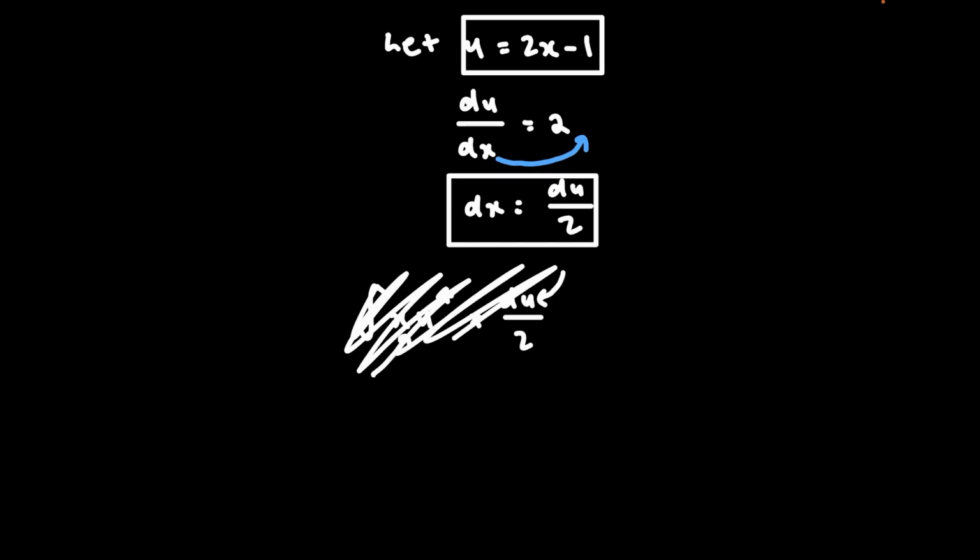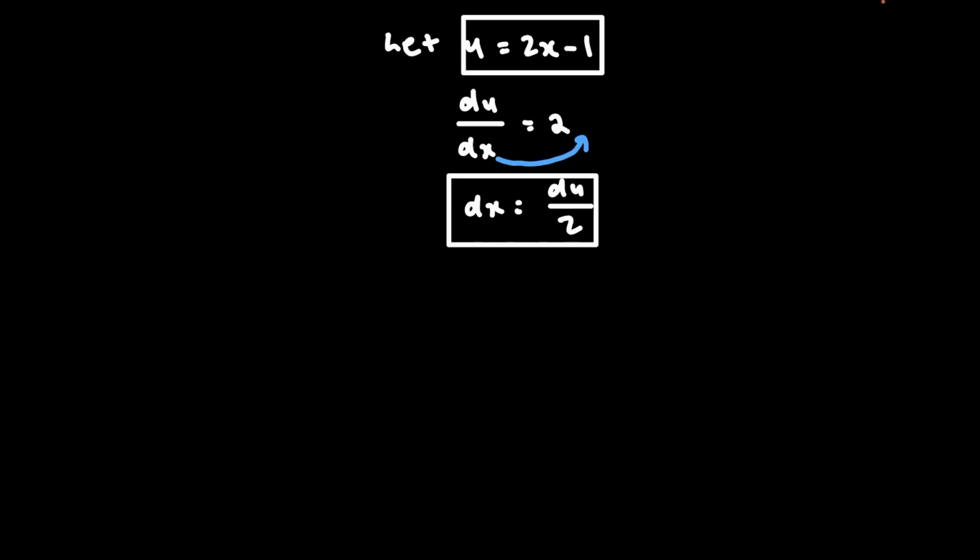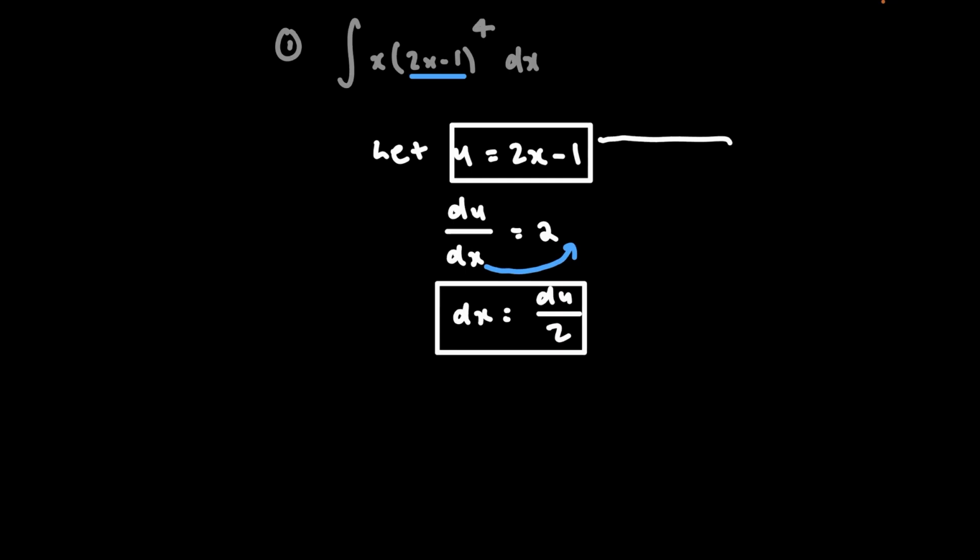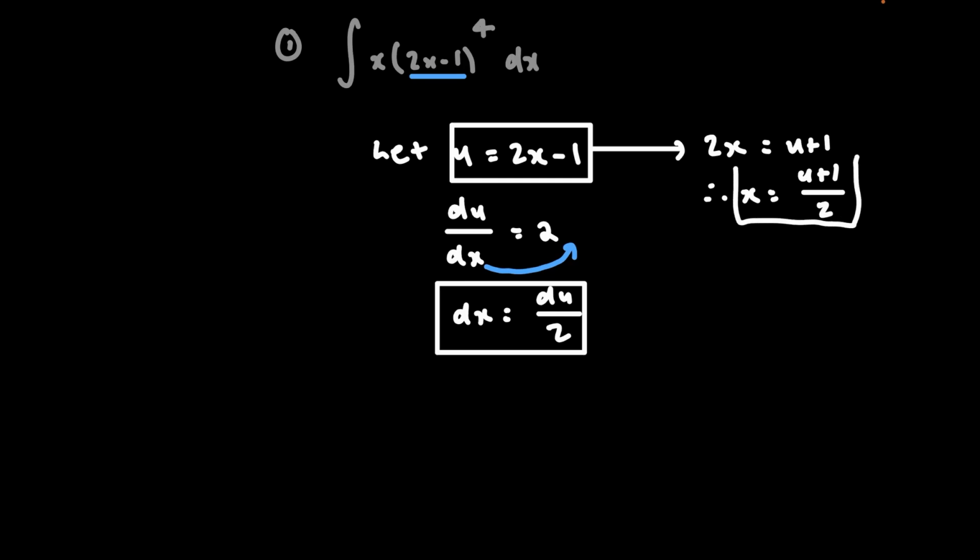So now that I know I have to rearrange for x, I'm going to rearrange this equation to get something in terms of u. So if I rearrange this, I can say that 2x is equal to u plus 1. Therefore, x is equal to (u plus 1) divided by 2. So now I have all three of my variables, and I can write that down.